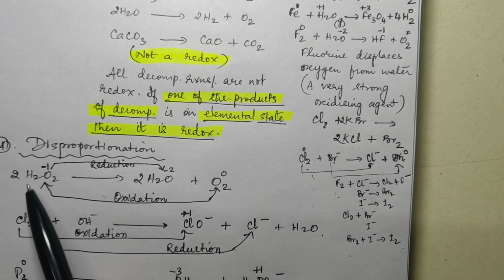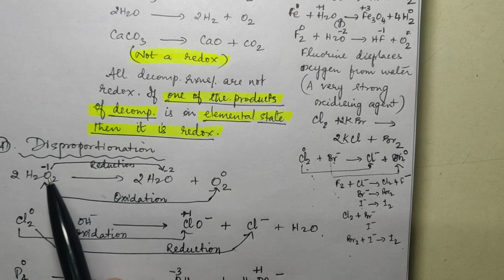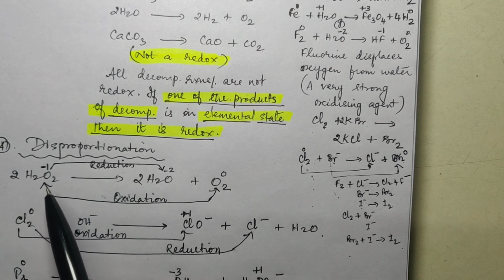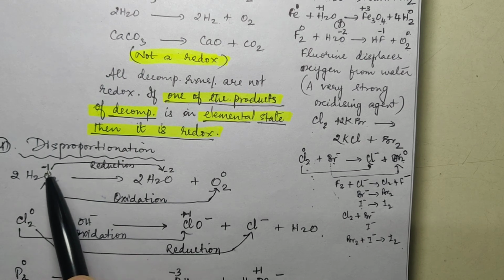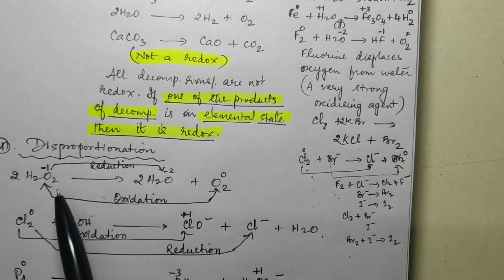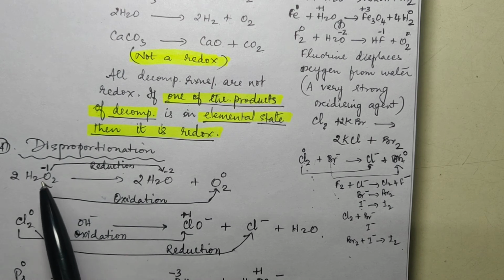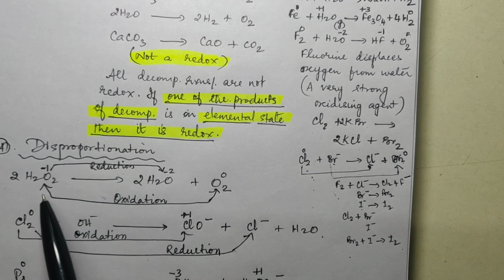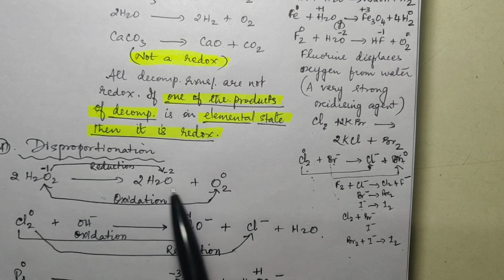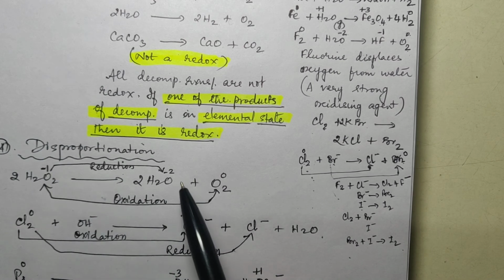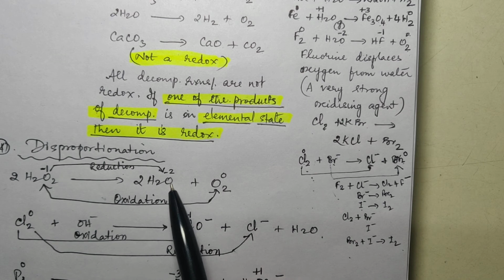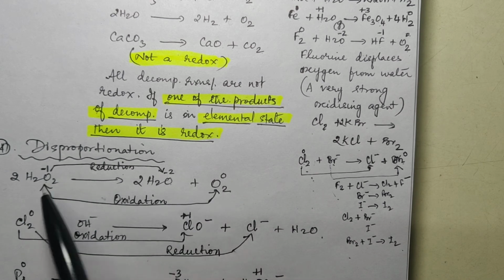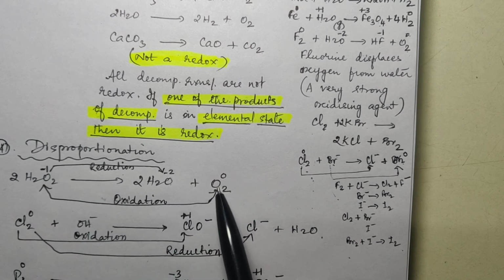So here this O2 2 minus will be peroxide ion. Now this peroxide ion is getting converted from the -1 state to the -2 state, and it is also getting converted into O2, that is elemental oxygen.